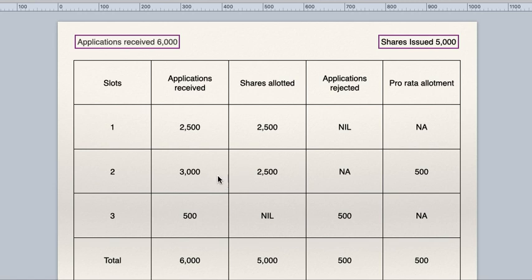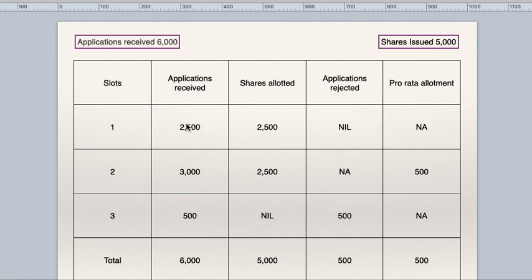So this is the case of pro rata allotment. They have received 3,000 applications but they have allotted only 2,500 shares. Pro rata allotment on 500 shares. Third lot, they have received 500 applications. No shares are allotted. All applications are rejected.